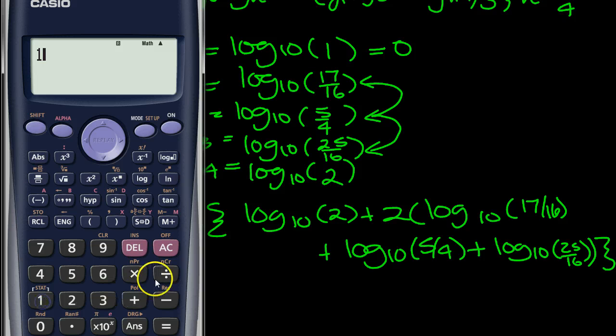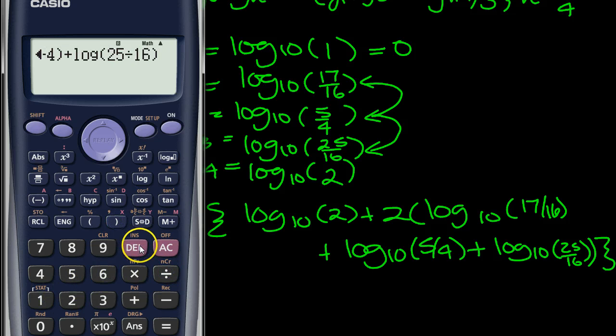So we've got 1 divided by 8 times bracket, and it's log 10 of 2, plus 2 times bracket, log 10 of 17 over 16, close the log, plus log 5 over 4, close the log again, plus log 25 over 16.